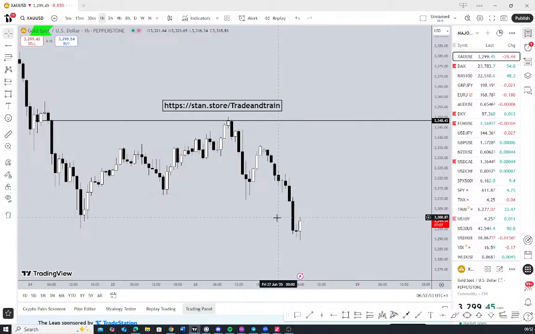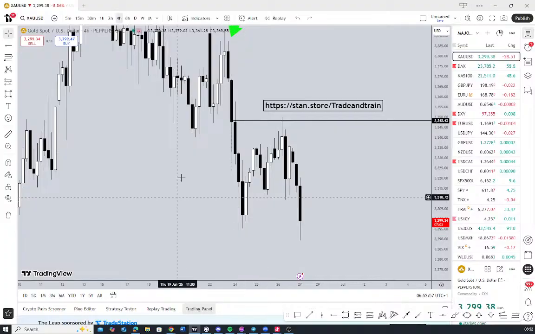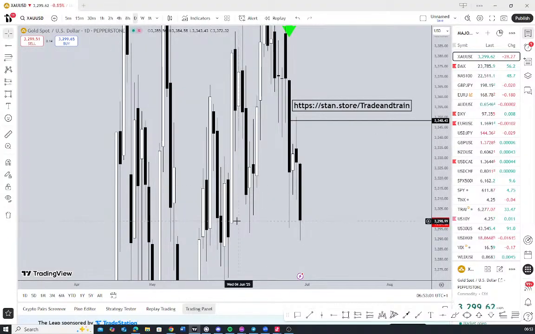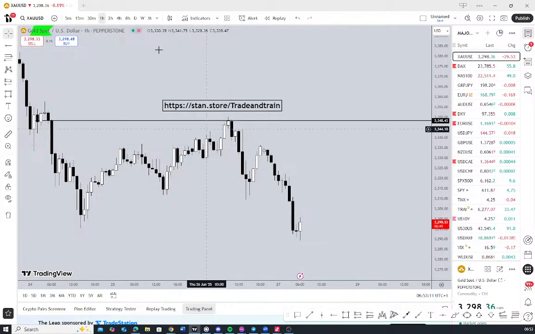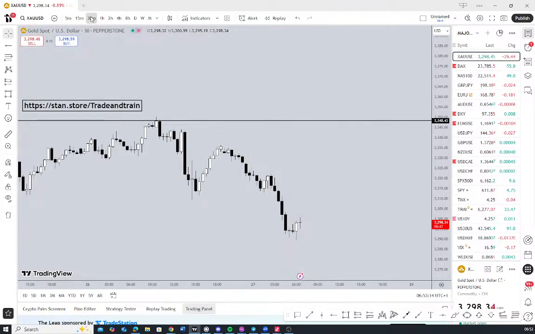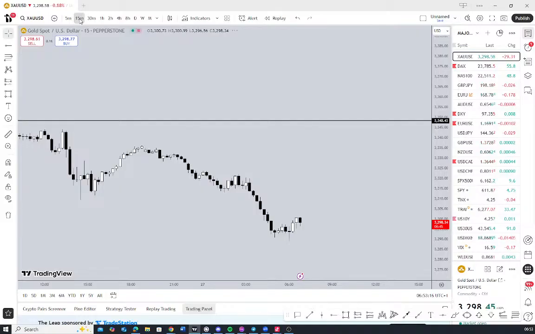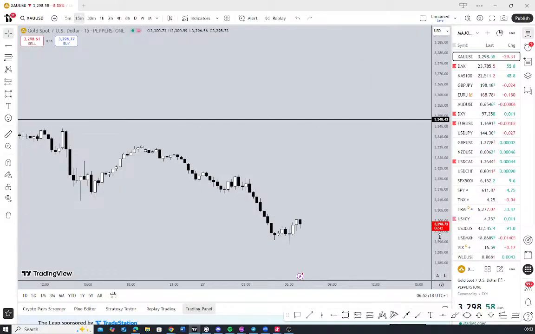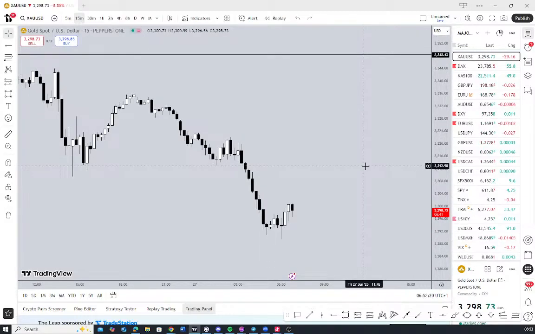So in terms of price action, the price action looks good, but okay, I'm going to have to wait for the fifth.